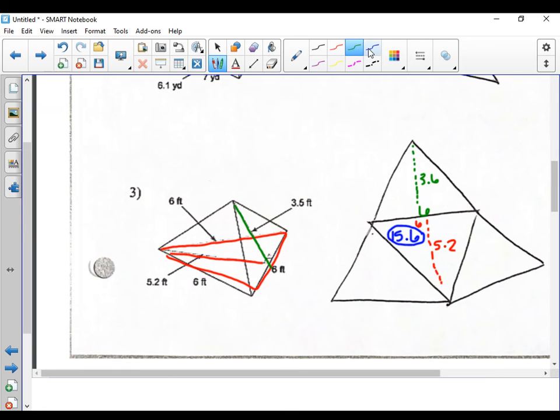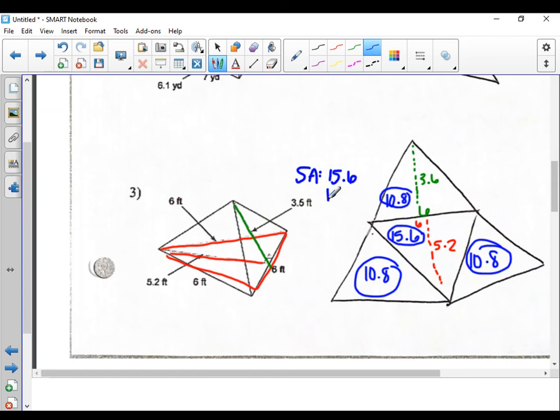I get 10.8. Like I said, if that's 3.5, I can't really tell on my picture, so you'll change that if it is. But I'm going to take 15.6 and I'm going to add 10.8 3 different times. And I end up getting 48, and that would be feet squared.